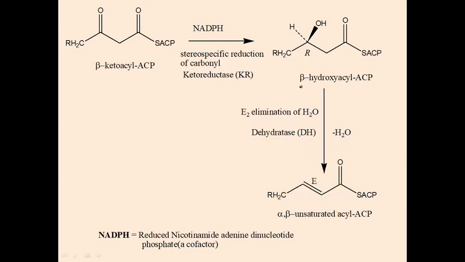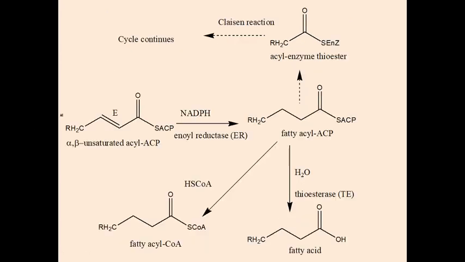So from this beta hydroxyacyl ACP, alpha beta unsaturated acyl ACP is formed, and here also dehydration occurs. Later, from this alpha beta unsaturated acyl ACP, the next product is fatty acyl ACP.